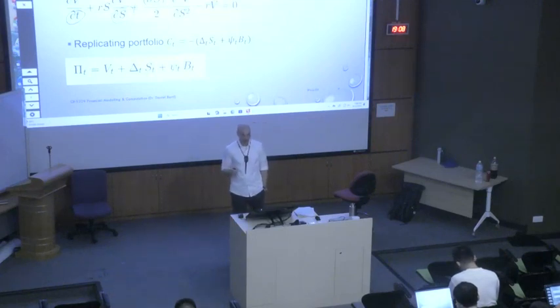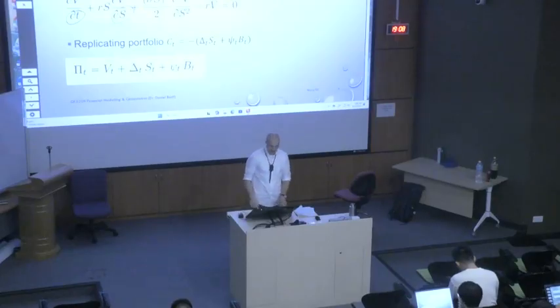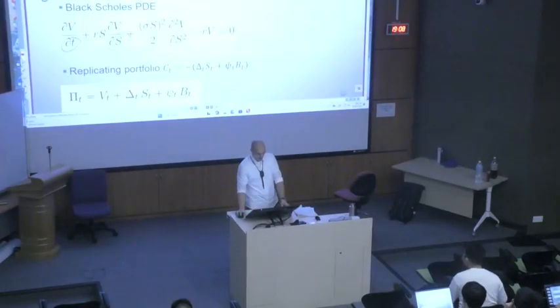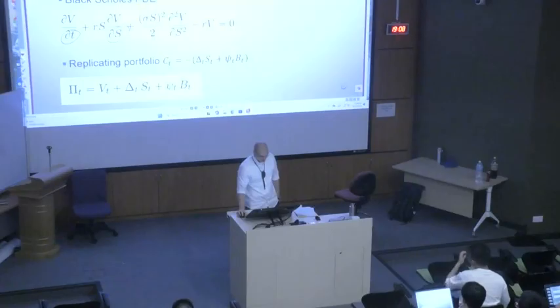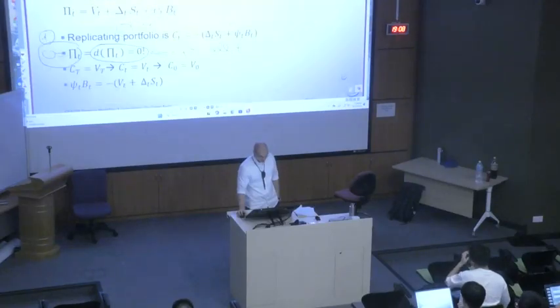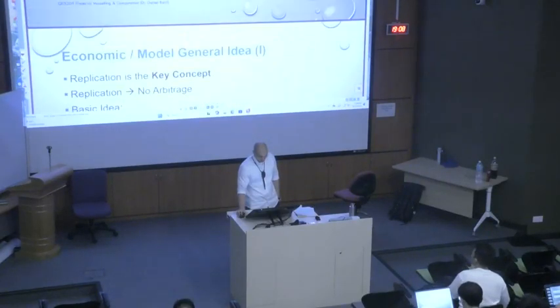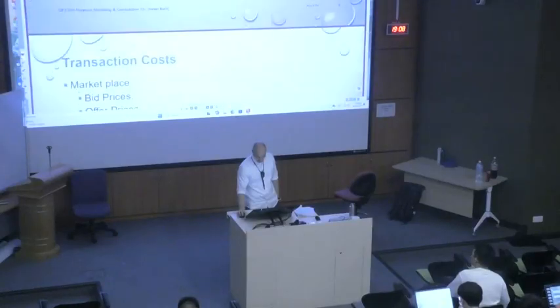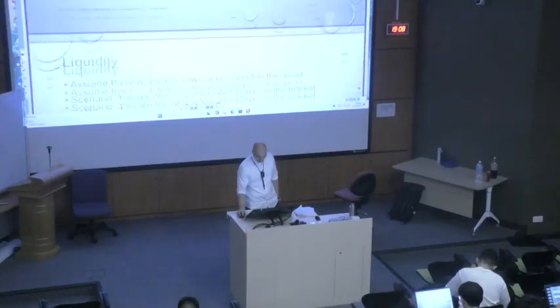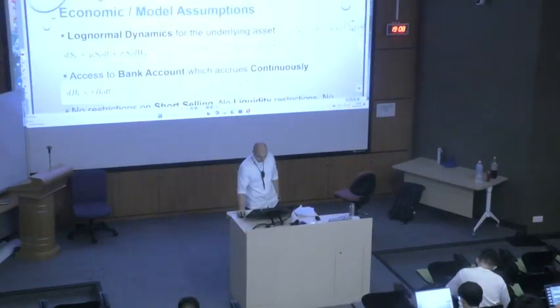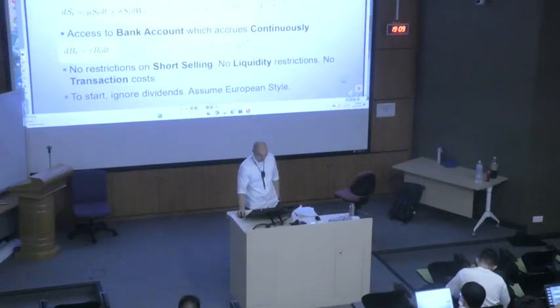Good, so this is the PDE, and just to remind you how we derived it, it is actually by the replication argument. So going back to the slides from last week, the assumptions of Black-Scholes: we have log normal dynamics and a bank account.